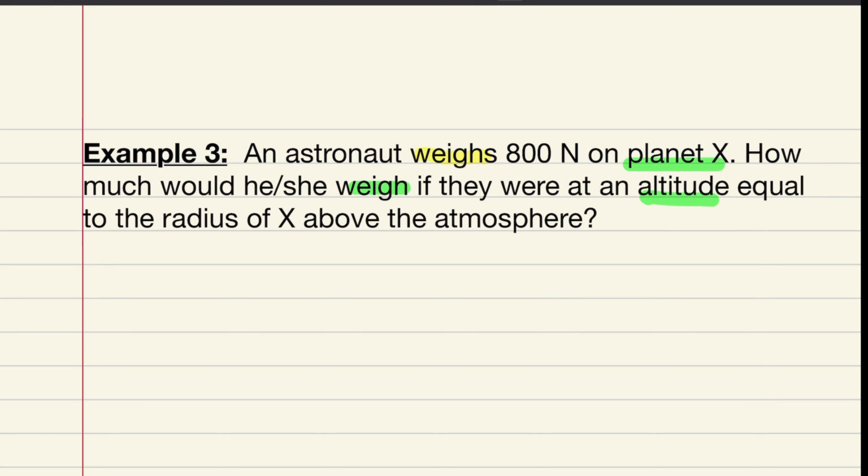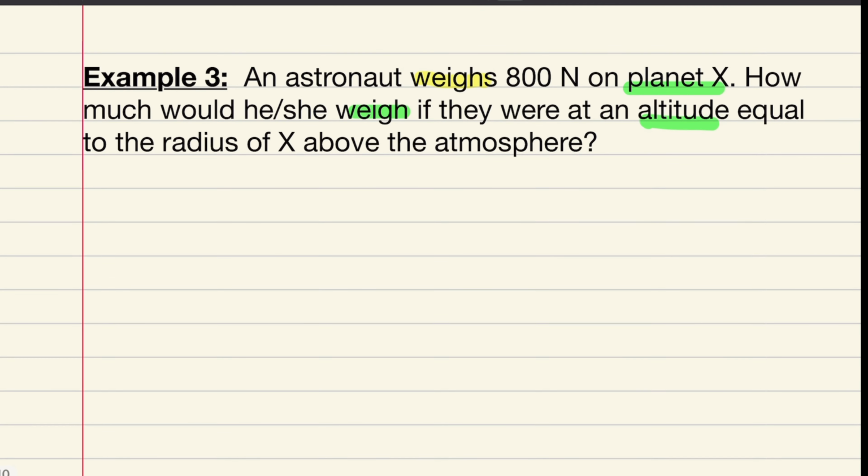So let's draw how that would actually look first, because sometimes I find it's easier to envision it. So I've got planet X here, and let's say the radius here is given a value of A. Whatever that value of A is, your astronaut is A above, hanging out at that distance.